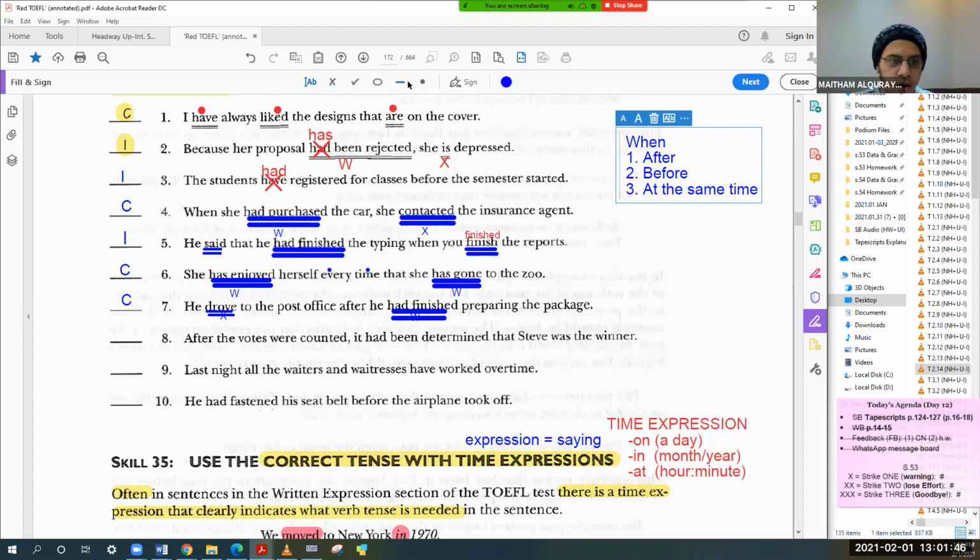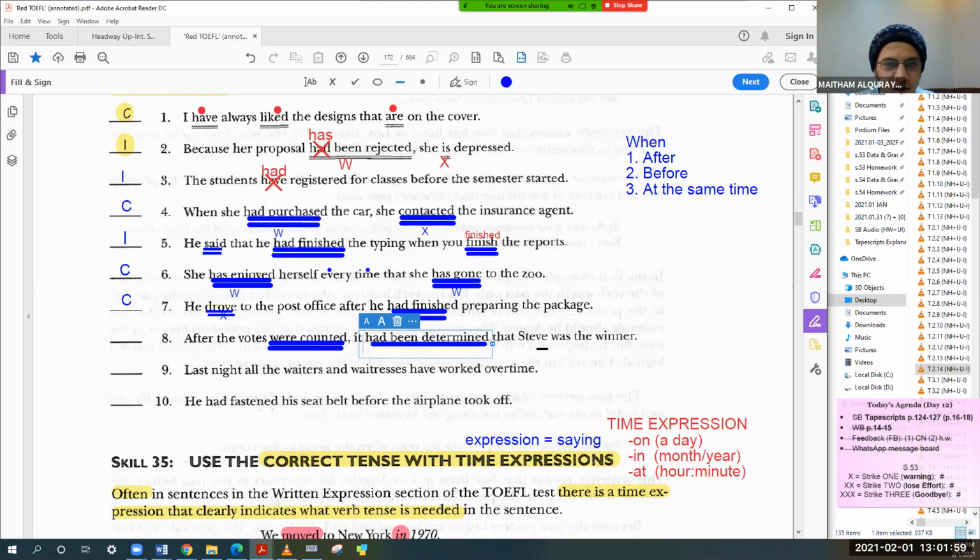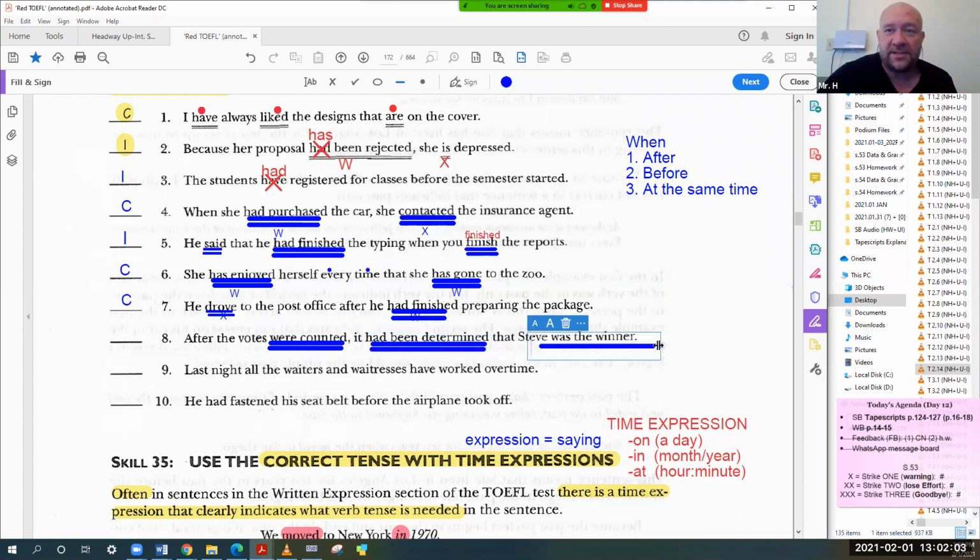Yes, I think it's incorrect. After the votes were counted, find X. I can't. Where's the X? Which one is X? It must be counting after the votes, but it's not clear here.